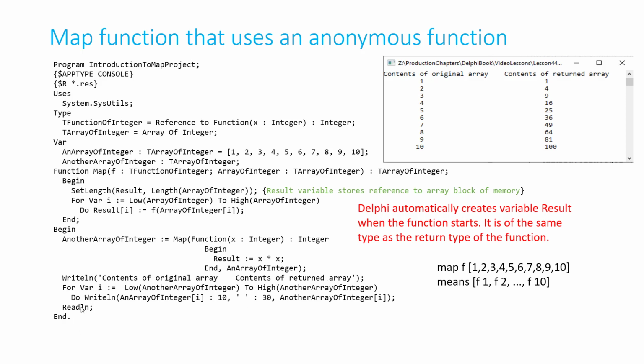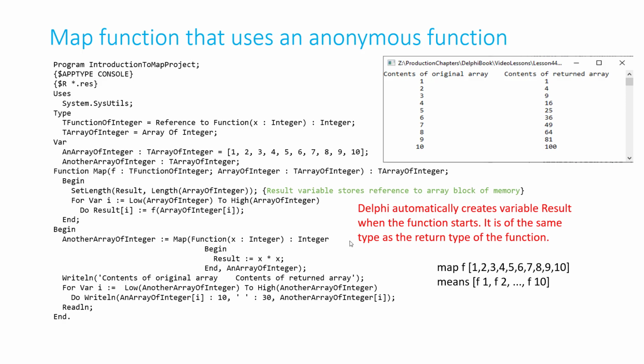So we'll use another inline declared variable I with an inferred data type to range over the returned array, another array of integer, to high another array of integer, so that we can write out the value stored in each element of this returned array, but prefacing it with the value in the corresponding element of the original array.